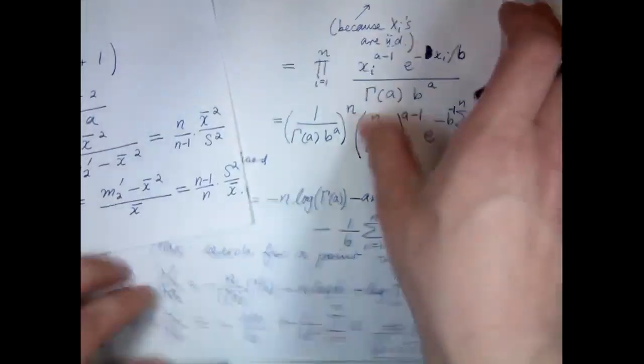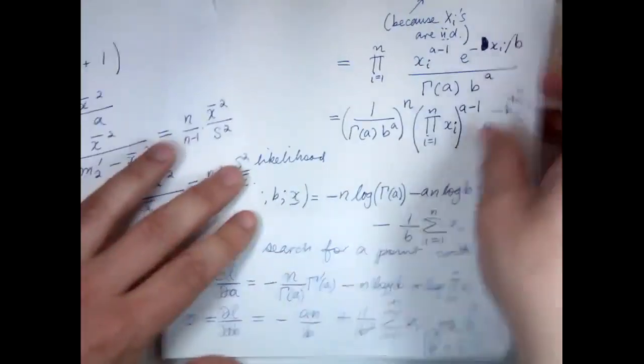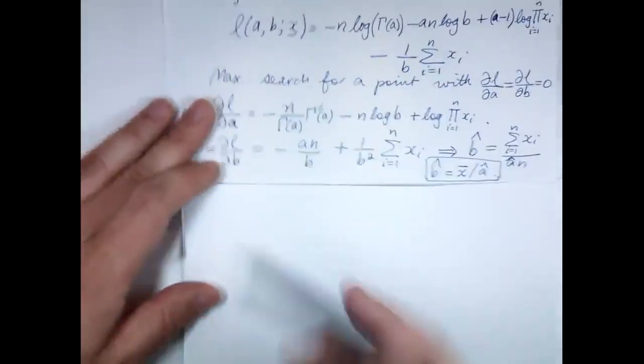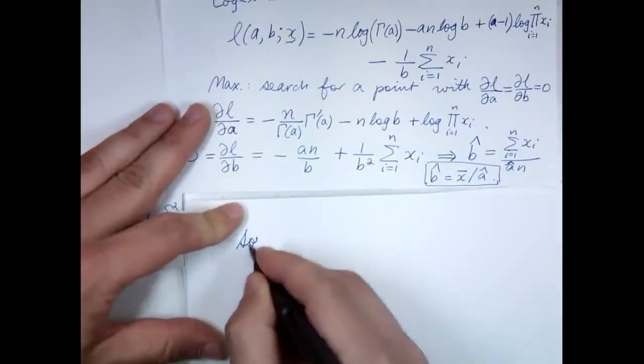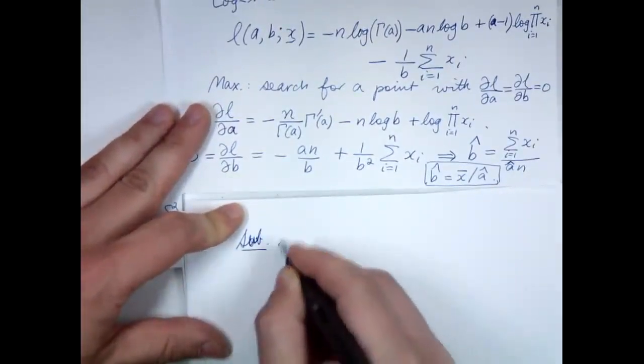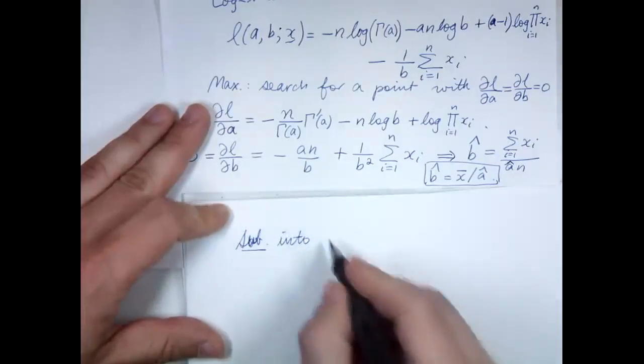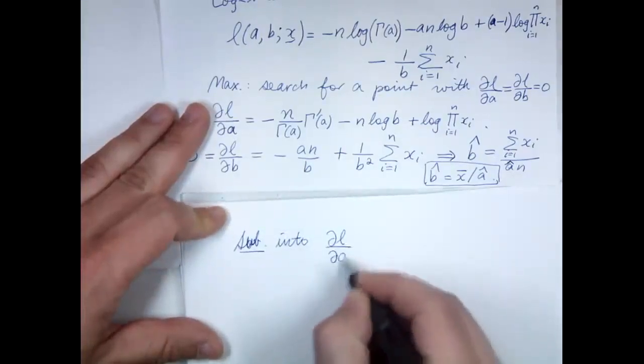And then let's try substituting that into the first equation, which will be true at the same time, and see if we can get a. So substitute into dL/da equals 0.